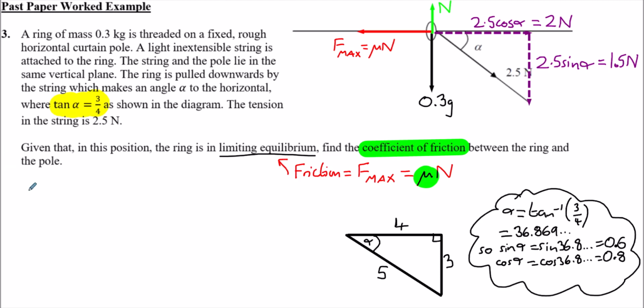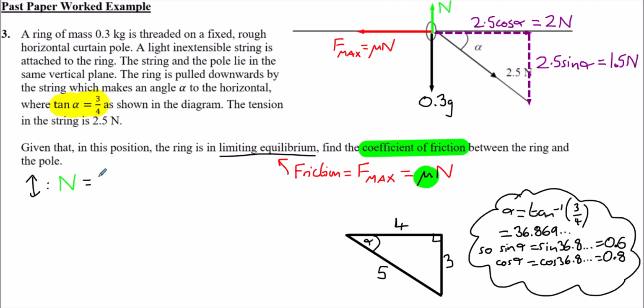So think about forces going up and down. Because it's in equilibrium, the up will balance with the down. The normal reaction force is the only force acting upwards. That'll be equal and opposite to the sum of the forces or components of forces acting downwards.